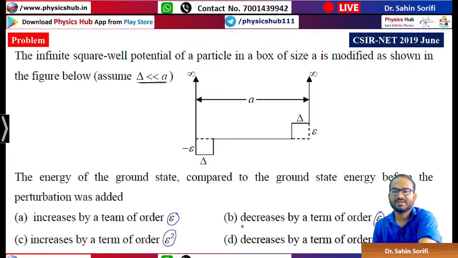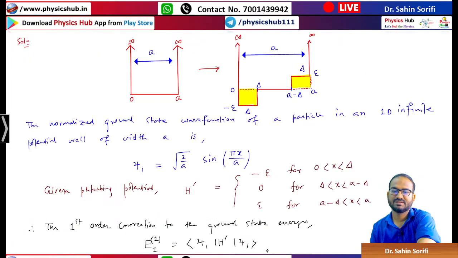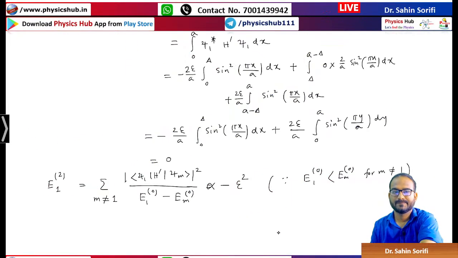So the second order correction decreases by a term of the order of minus epsilon square. The negative sign shows it decreases. So option D.